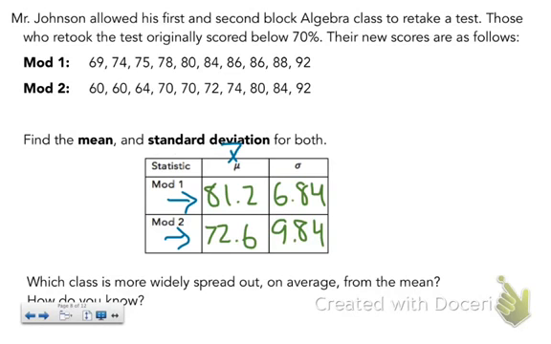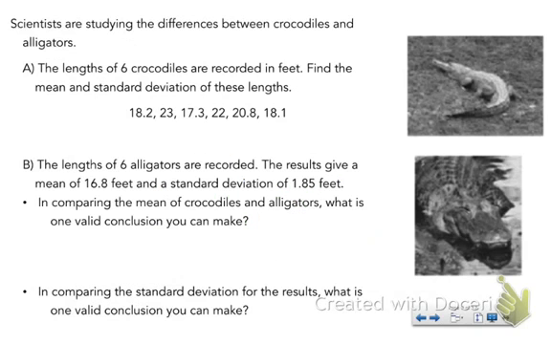So remember, standard deviation is relative to the mean. So it doesn't matter how far this number actually is from this number. All it matters is that this standard deviation is bigger than this standard deviation. So that tells me that on average the second class is more spread out, just because the standard deviation is bigger.